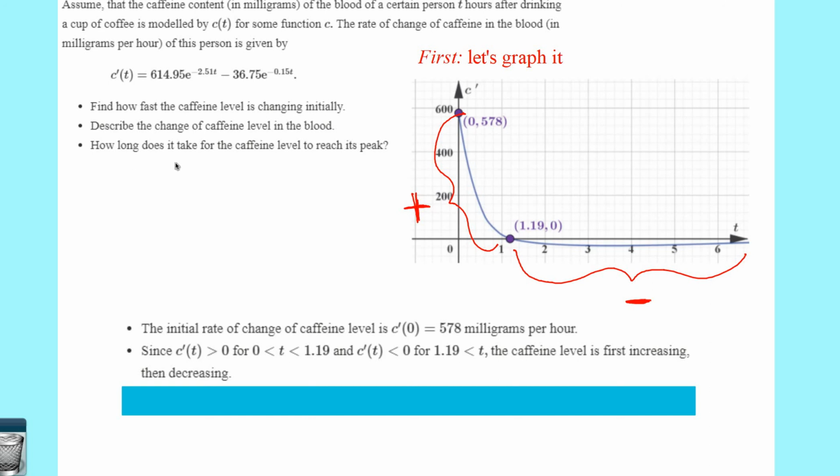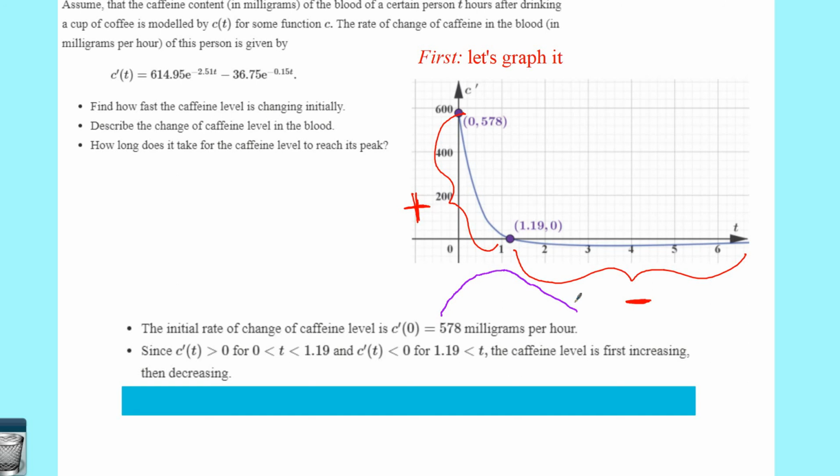Next part, how long does it take for the caffeine level to reach its peak? Okay, so think about how it is graphing. So if this is all positive, that means it's increasing. Alright, so our graph is increasing, and then it gets to 1, and then it starts decreasing again.